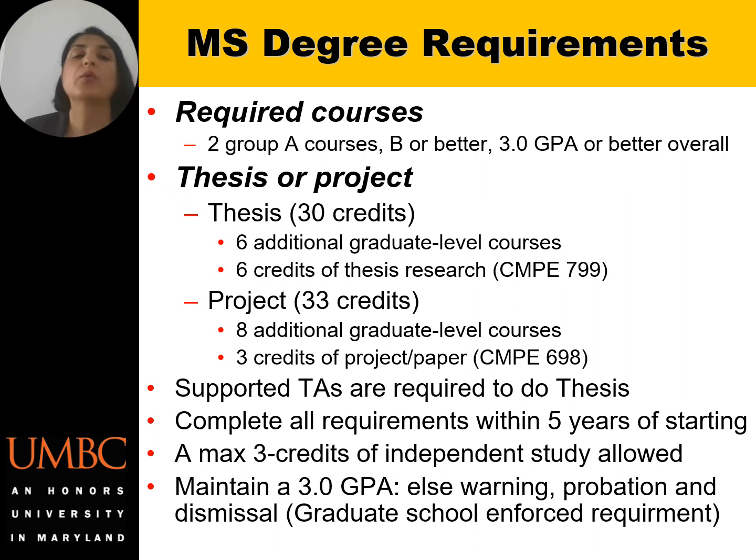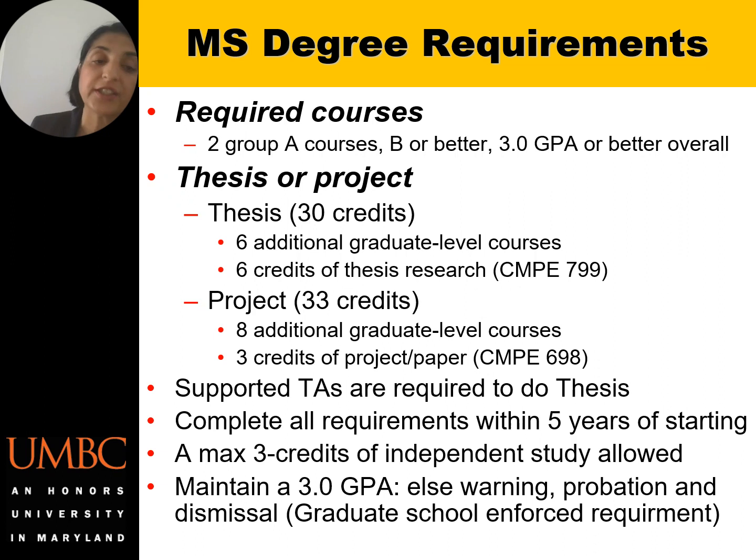You have 2 options. One option is the thesis-based, and the other is the project-based study. For the thesis-based, you take 6 additional courses on top of those 2 that you already passed. And then you take the thesis research, which is COMPE 799, which is 6 credits.